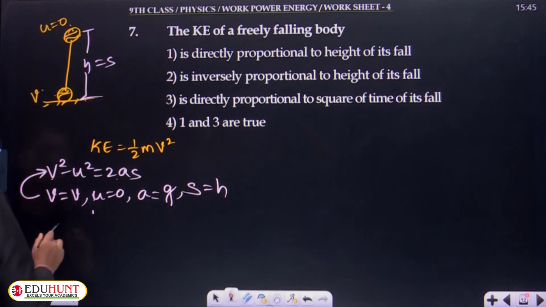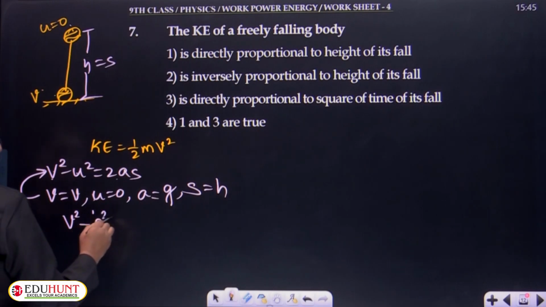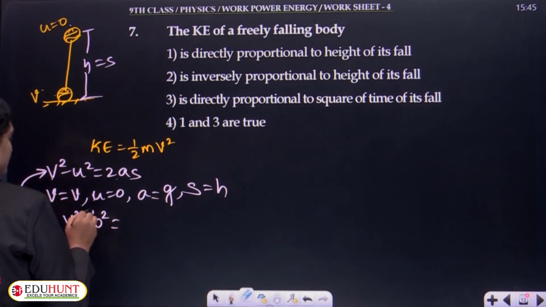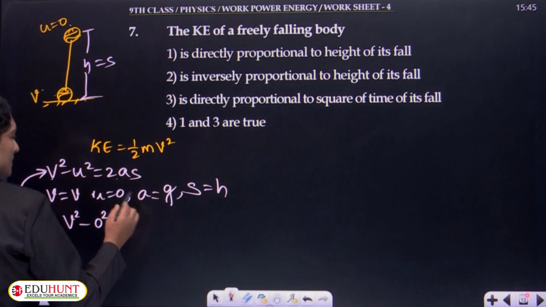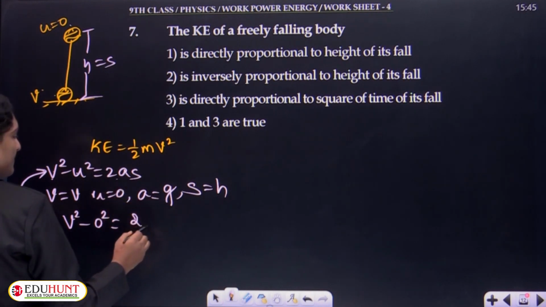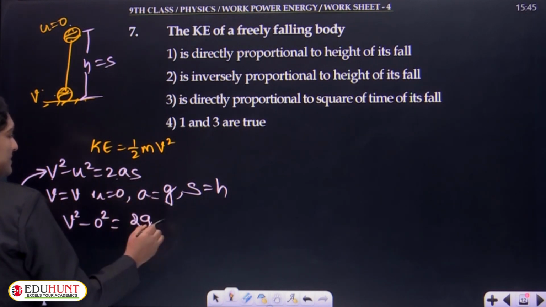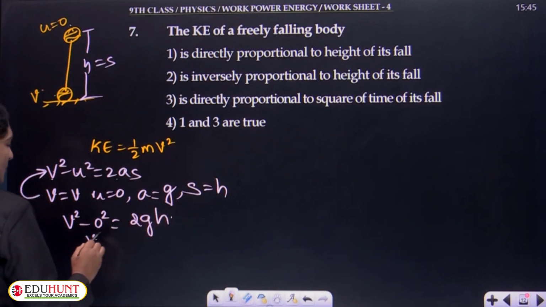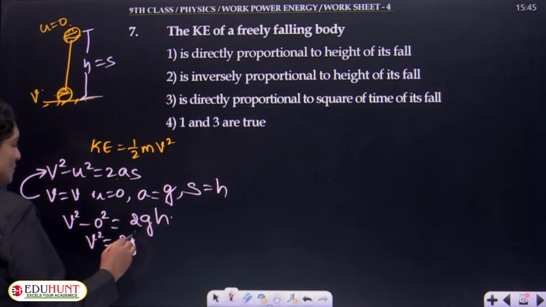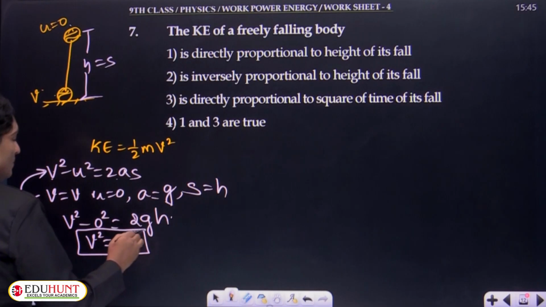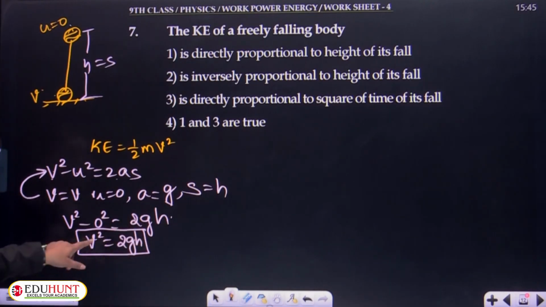Substituting all the values in the above equation, v square, u square is 0 square, equals 2, a is replaced with g and s is replaced with h, so v square can be replaced with 2gh.